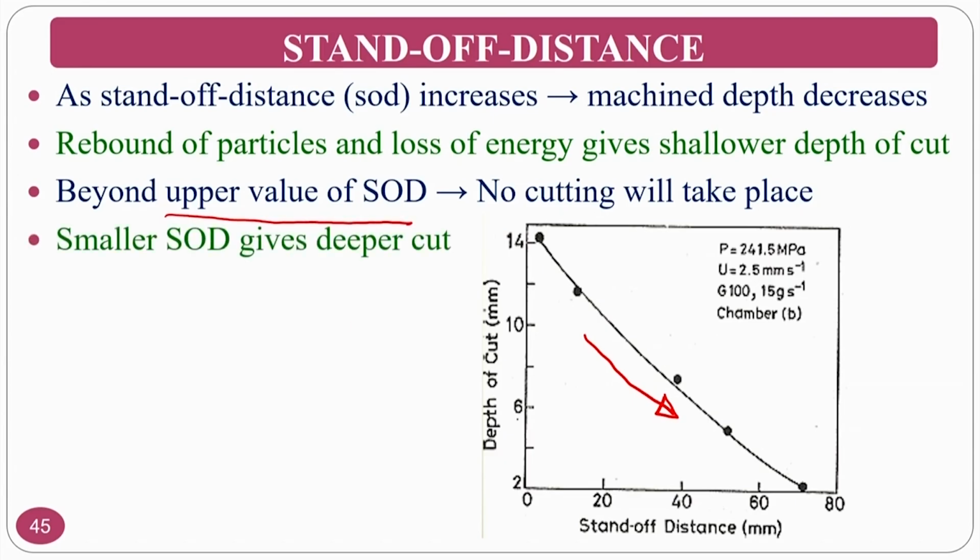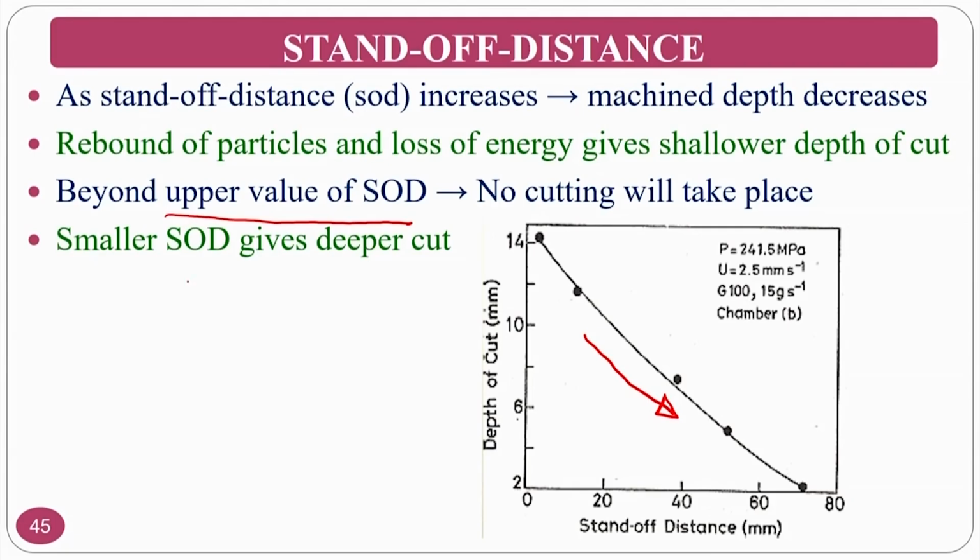If the stand up distance is too high, the pressure carried from the nozzle exit will dramatically reduce, because of which there won't be sufficient energy for the abrasive particle to cut the material. The smaller stand up distances give deeper depths of cut. Obviously, if the nozzle and the workpiece are too near, it can cut deeper and deeper holes.